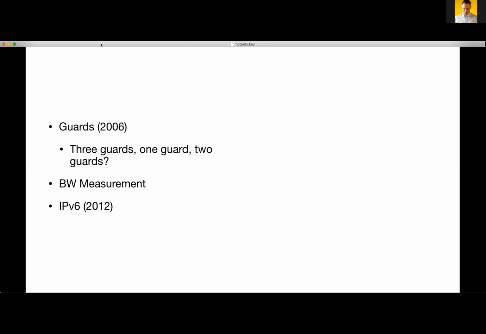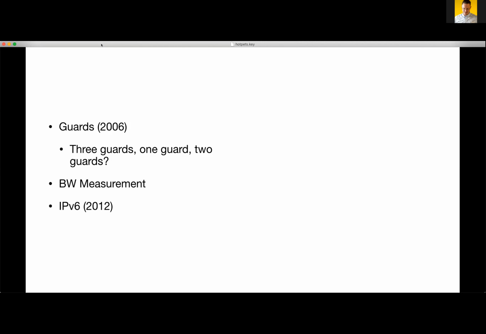So maybe the most prominent change that Tor made in its path selection algorithm is the use of guards, which were introduced in 2006. And the general consensus there was if we pin an entry relay in that position for a long amount of time, we will limit exposure to adversaries. But there has been some uncertainty about what the right number of guards to use is. We've moved from 3 guards to 1 guard, and maybe 2 guards is the right number of pinned relays to use.